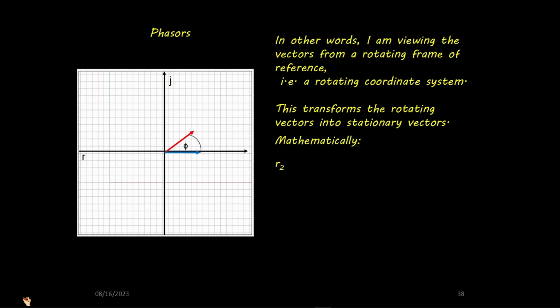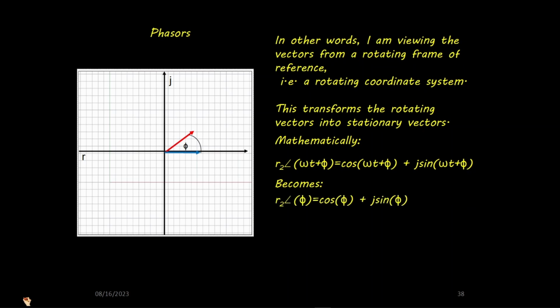Mathematically, R2 equals cosine (omega t plus phi) plus j sine (omega t plus phi) becomes R2 equals cosine phi plus j sine phi. So now we have come full circle to where we were 4 slides ago.